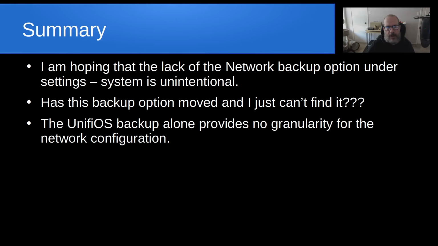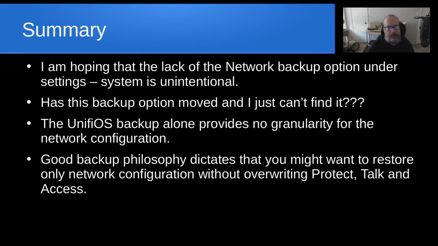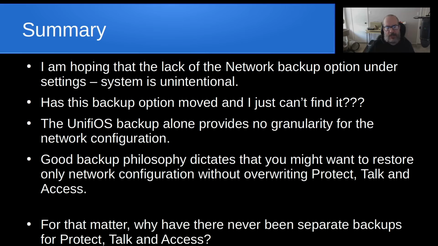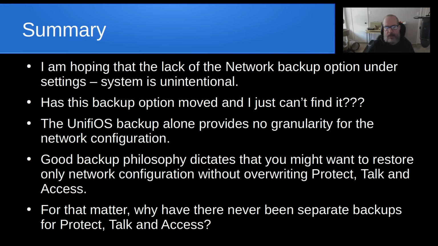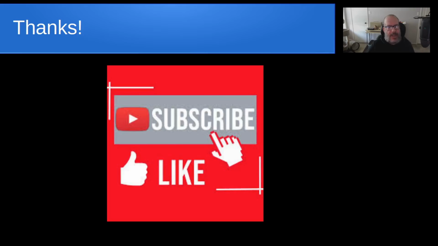The Unifi OS backup alone provides no granularity for your network configuration, and good backup philosophy dictates that you might want to restore only your network configuration without having to overwrite Protect, Talk, and Access. For that matter, why have there not been separate backups individually for Protect, Talk, and Access?